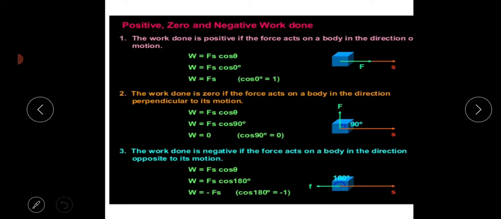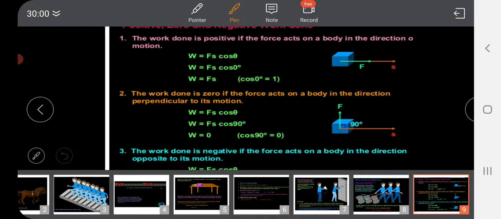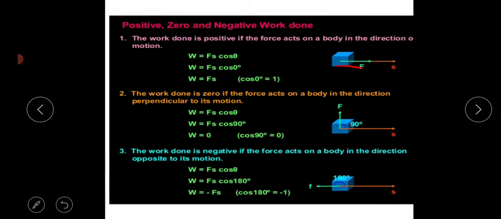Now, work can be positive, 0 and negative. Let us understand it. The work done is positive if the force acts on the body in the direction of the motion. If we are applying force in this direction and the body is moving in the same direction, then the work done will always be positive. W is equal to F S, as we all know that W is equal to F S cos theta.